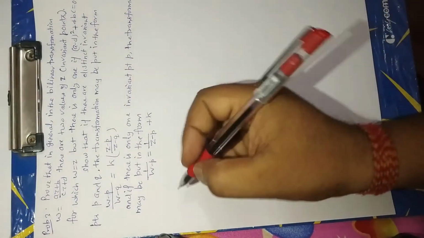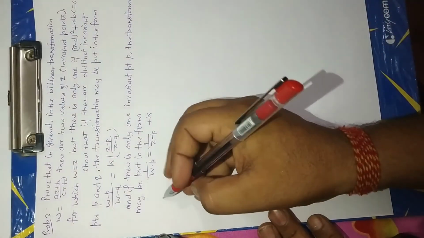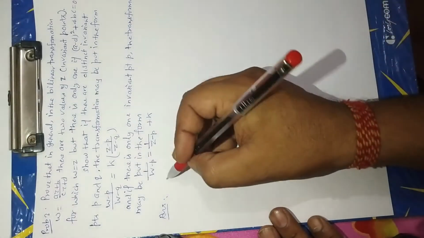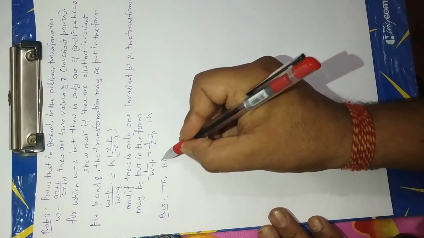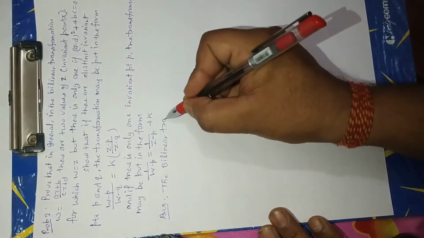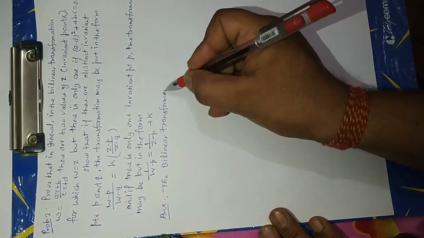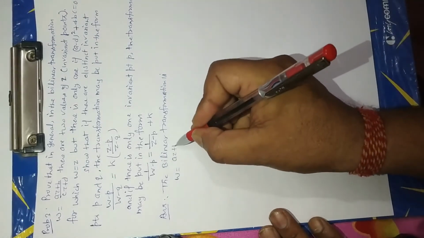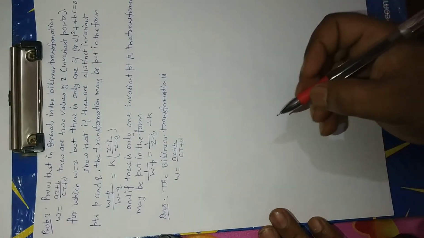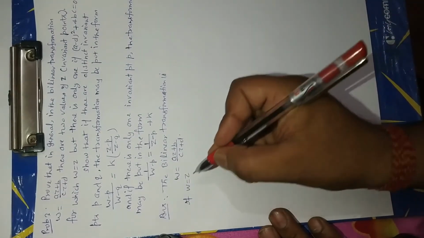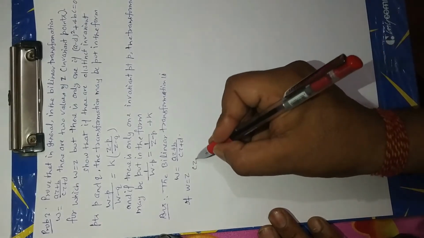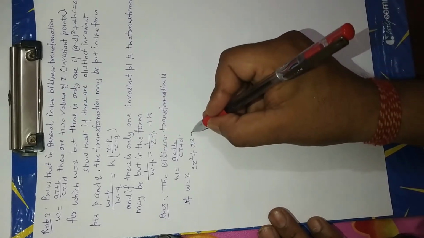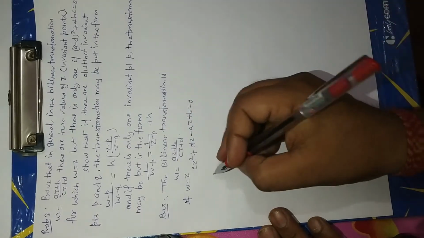Okay, student. Now, solution of this. The bilinear transformation is W equal to AZ plus B upon CZ plus D. If W is equal to Z, then CZ square plus DZ minus AZ minus B equal to 0.